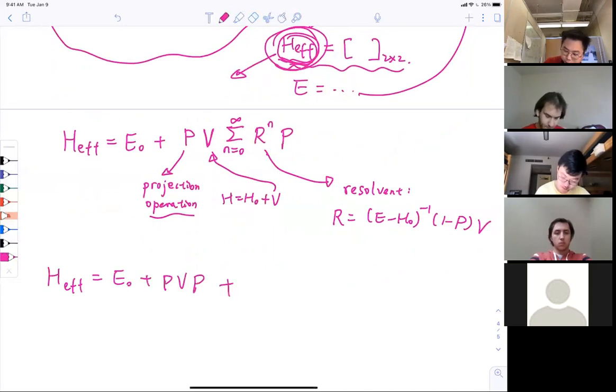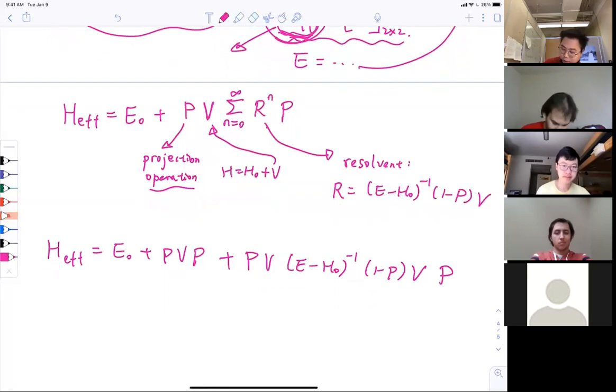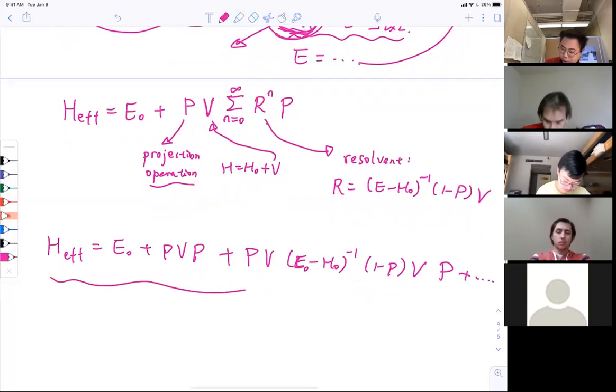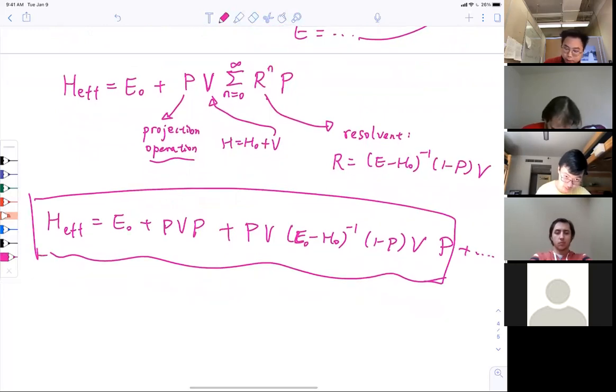When n equals 1, it's just PV (E minus E naught) inverse (1 minus P) VP. So this is to second order. To second order, we can replace this energy with E naught, right? So this is basically the formula we need up to second order perturbation.